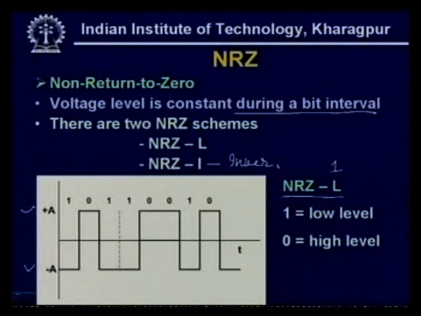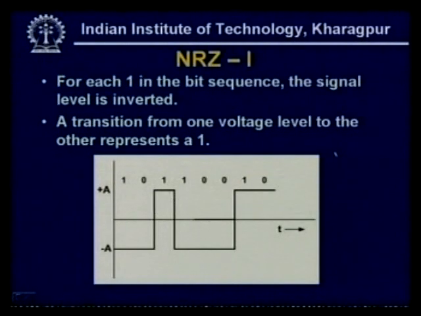Inversion. That means here, in case of NRZ-I, for each 1 in the bit sequence, the signal level is inverted.